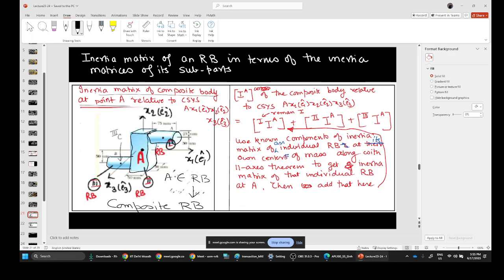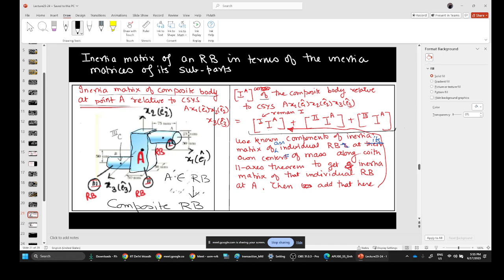So you can do this computation in parts, like what I have shown on the right hand side of the slide. So the inertia matrix of the composite body can be written in this manner, in 3 parts. IA, and then I have added another superscript on the left hand side.